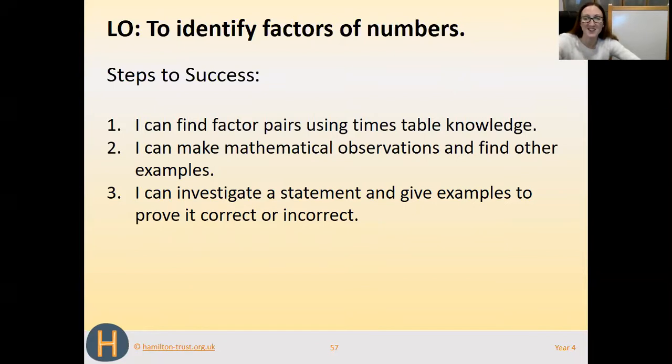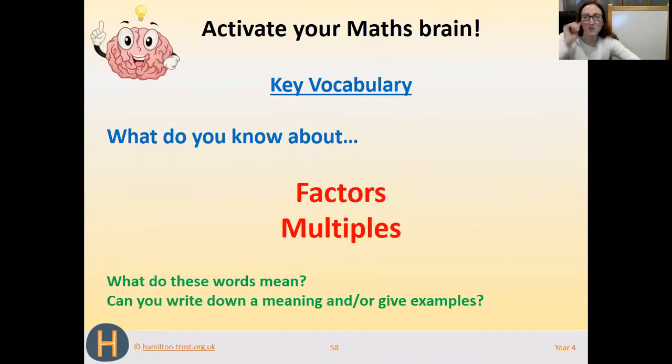Okay, let's get started, shall we? So before we begin our first task, I'd like you to switch on and activate your maths brain. If it's not already warmed up, then make sure we have a really good think about this before we begin. There's some really key vocabulary that's going to help us to be successful today. I'd like you to be thinking about what you know already about factors and multiples, because they will really help us.